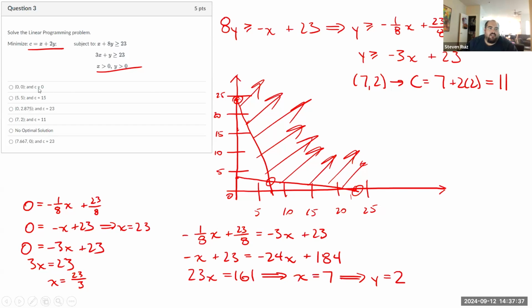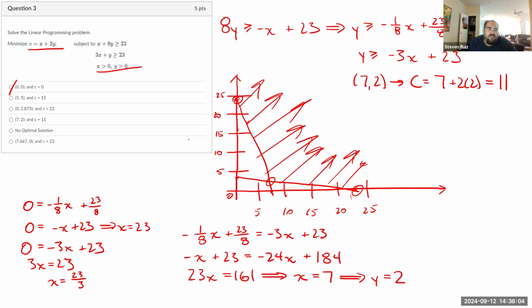How about 0, 0? That would certainly give us a better value for C, but I don't think I can use 0, 0. Anything down here underneath this shaded region, that's not a good solution. So I'm going to say no to that. 5, 5. Is 5, 5 a solution? Based on my graph, I don't know if it is.